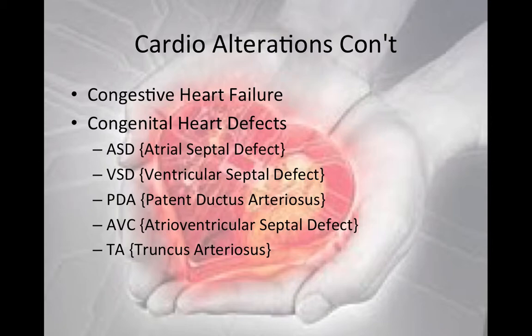Like I told you before, most of your nursing career will be focused on education, especially in pediatrics. Now we'll look more at the congenital heart defects, and this includes five: atrial septal defect, ventricular septal defect, patent ductus arteriosus, atrioventricular septal defect, and truncus arteriosus.